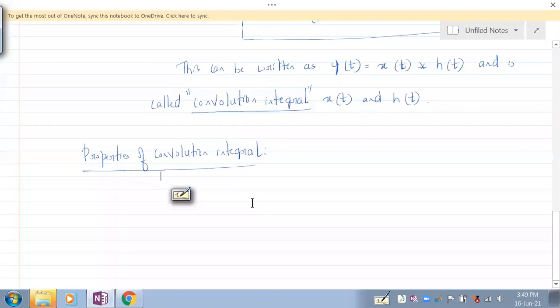Commutative. So convolution integral is also commutative. That means x of t convolution integral h of t is equal to h of t convolution integral x of t.